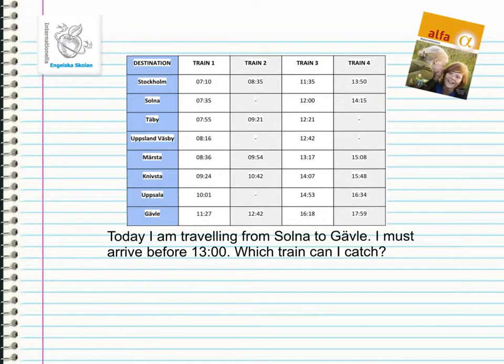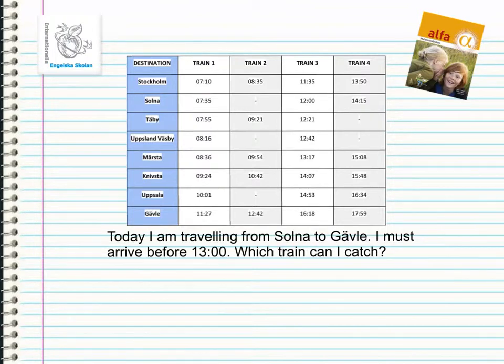You can see that the first train arrives at 11:27, the next train arrives at 12:42, the next one arrives at 16:18, which is 4:18, but that's too late. So I must catch one of these two trains. Now, if we look back at the question, you can see that we are travelling from Solna.